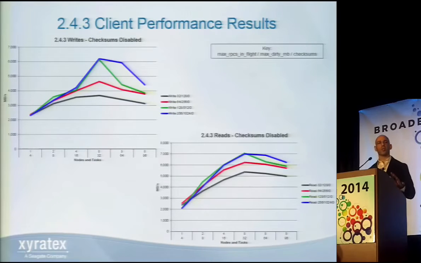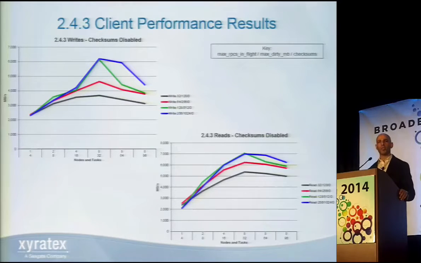2.4.3 is where this was actually very interesting. The different client settings and the different threads actually had an impact on storage throughput. You can start seeing with the color scheme here that with the larger max RPCs in flight, around 128 or 256, we're able to maximize read and write performance almost equivalently to 189 client code.